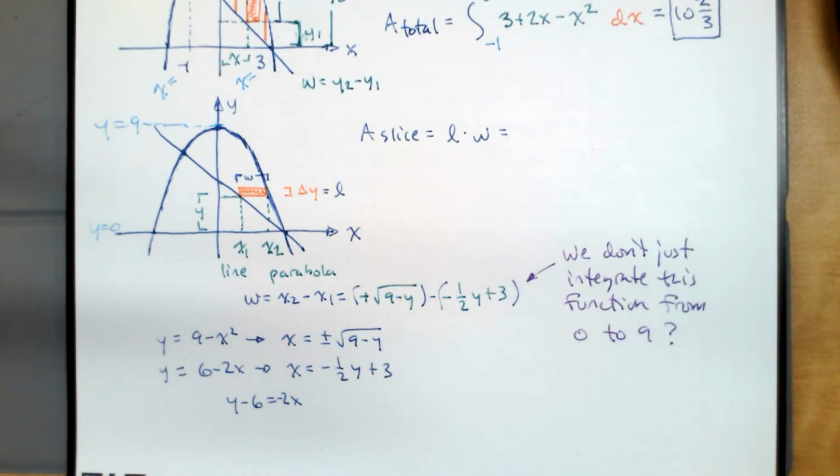How come I haven't written down the integral from 0 to 9 of the square root of 9 minus y minus negative 1/2 y plus 3?